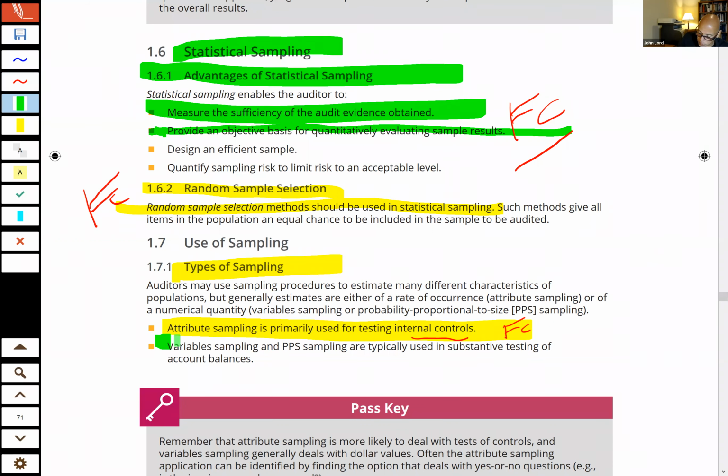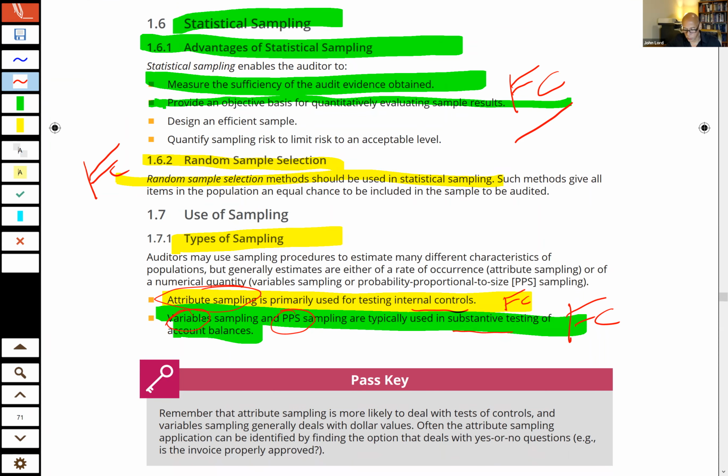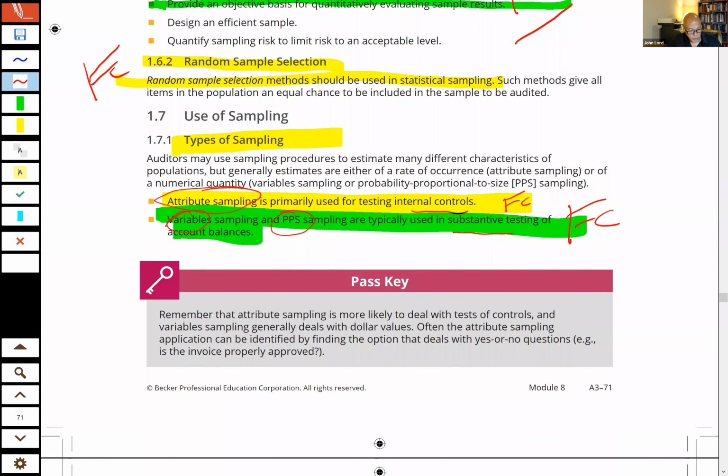Variables sampling and PPS sampling are used for our substantive procedures. So flashcard when we use these different types of sampling, and we're going to have examples of all three types: attribute, variables, and PPS sampling. Variables and PPS are for substantive tests. Attribute sampling is used for internal control testing.